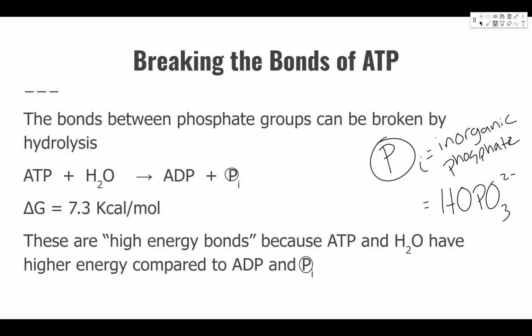This reaction, adding water to an ATP molecule and breaking it up into ADP, or adenosine diphosphate, because we've lost the phosphate group, has a delta G, I think that should be negative, of 7.3 kilocalories per mole. I believe that should be negative. Let me double check. It should be, logically.